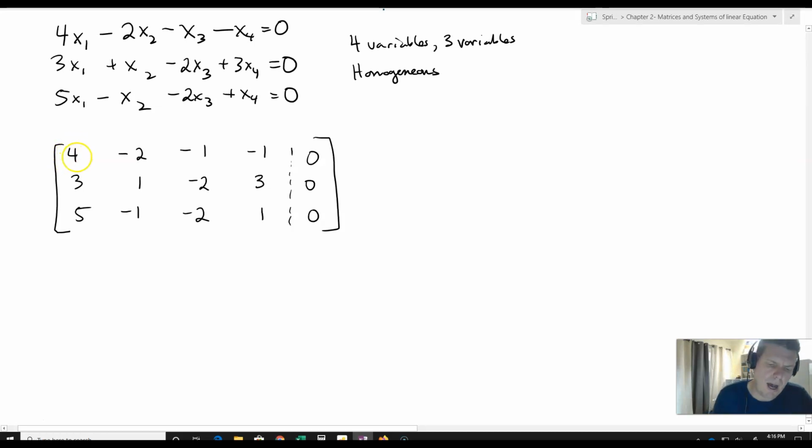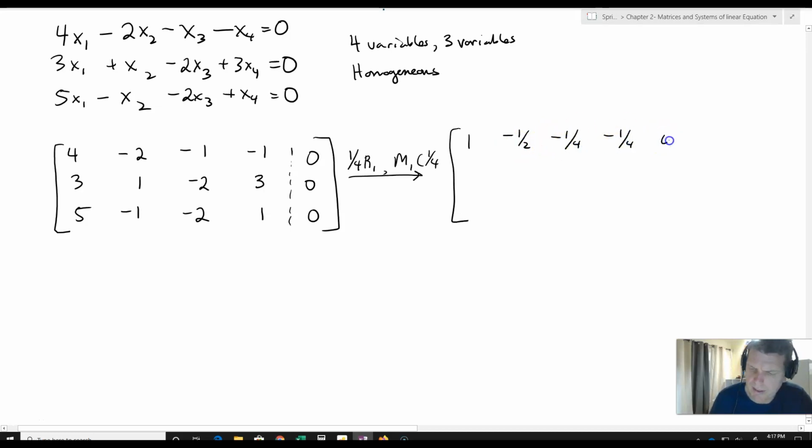What we'll do first is take 1/4 times row 1, or multiply row 1 times 1/4, to get a leading 1. So it's going to give me 1, negative 1/2, negative 1/4, negative 1/4, and then 0.